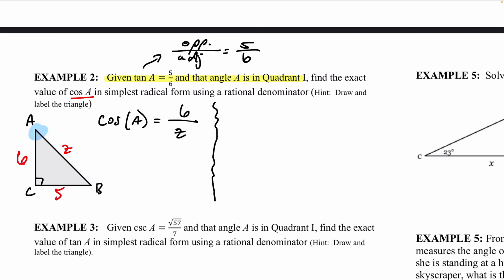So when I say A squared plus B squared, those are the two sides that make up the right angle. So 6 squared plus 5 squared. The hypotenuse always goes on the other side. What is the hypotenuse? Z. We don't know what it is. That's why we're going to solve for it.